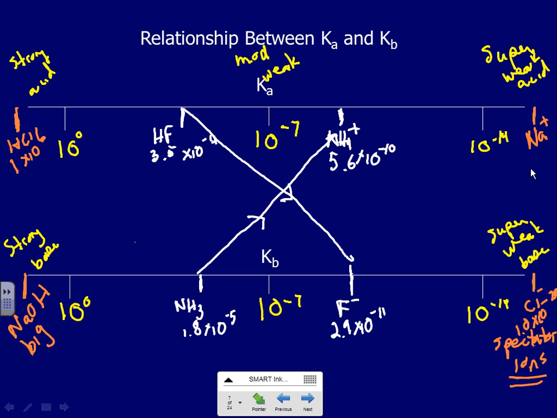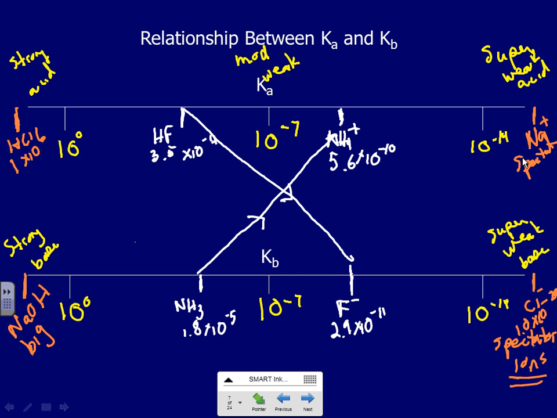Super weak, so crazy weak that it isn't going to do anything. It is also a spectator, all right? Any of the conjugate acids or bases that come from strong acids or bases are spectator ions. They don't do anything. So moderately weak makes a moderately weak. Moderately weak base makes a moderately weak acid. A strong acid makes a spectator ion. It does nothing. And a strong base also makes a spectator ion.